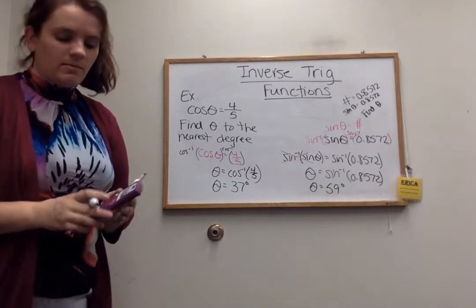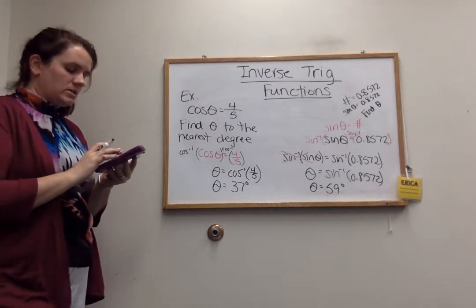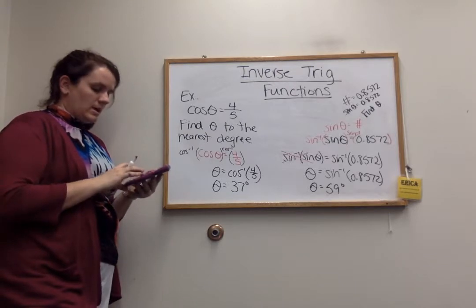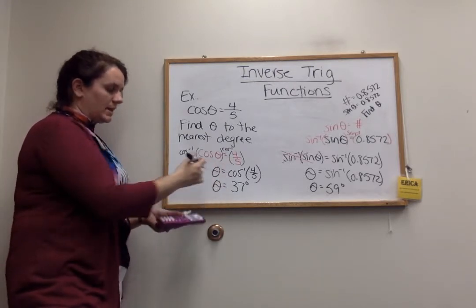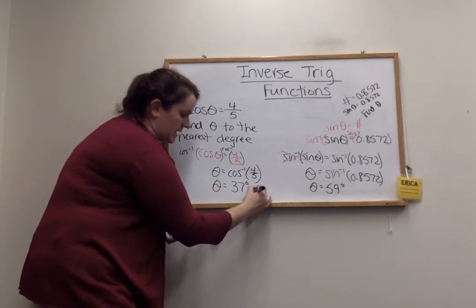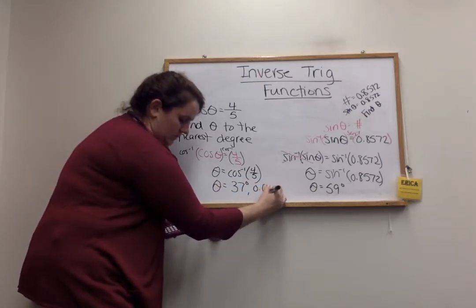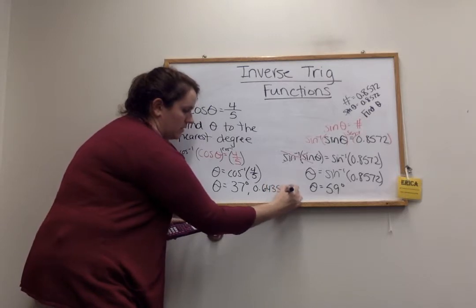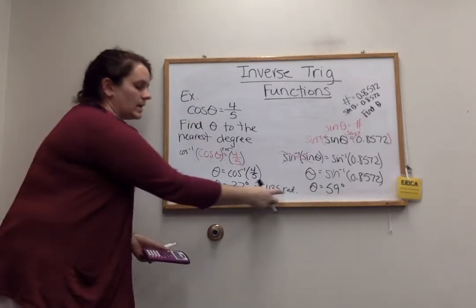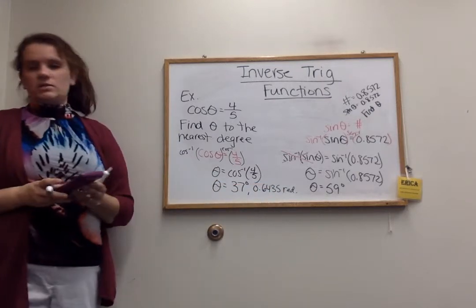Okay, so you should try that with your calculator. I'm also going to do it in radians just so you can see the difference. I still type exactly the same thing into my calculator, cosine inverse of 4/5, but in radians I get 0.6435 radians. Okay. These are the same angle, just one of them is in degrees and one of them is in radians.